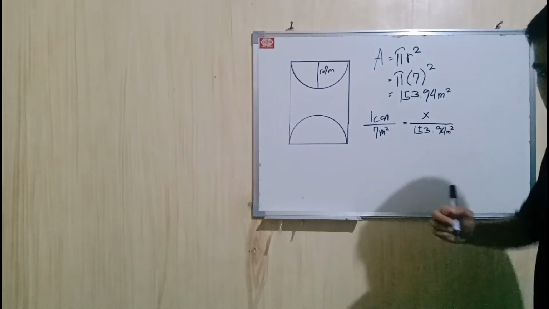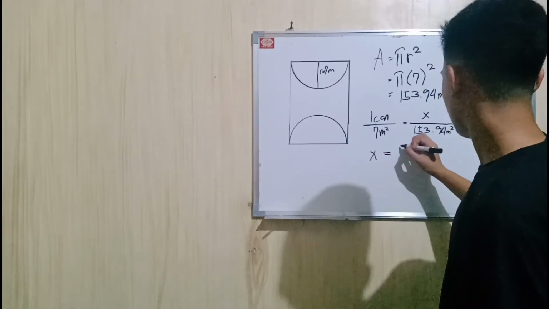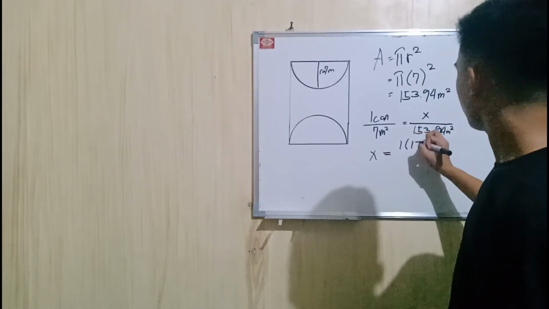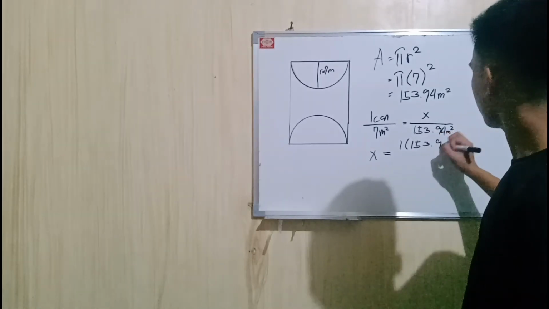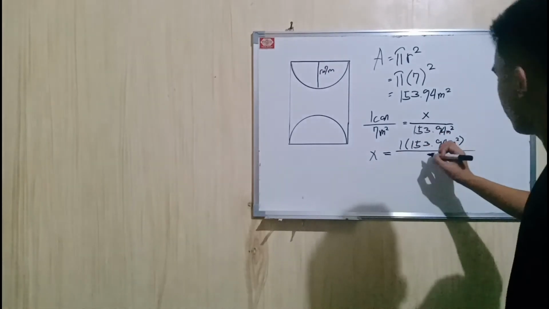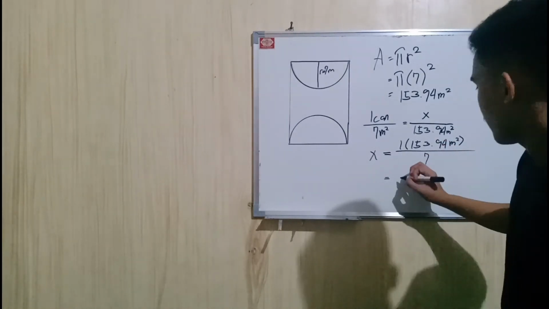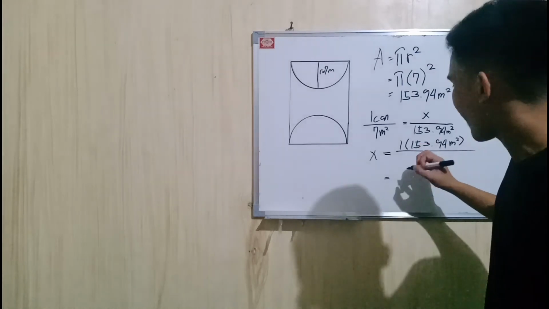Then x equals 1 times 153.94 meters squared over 7. Then the answer is 22 cans.